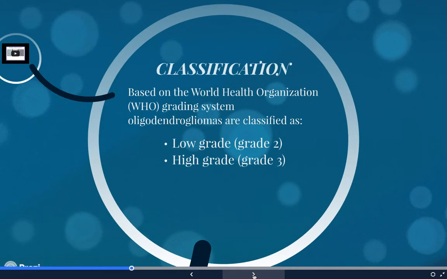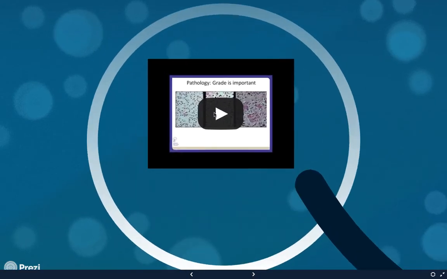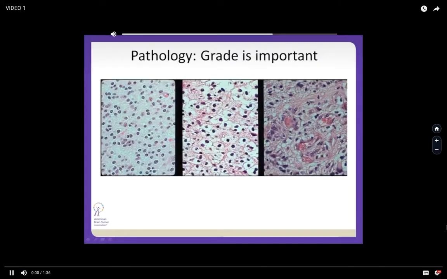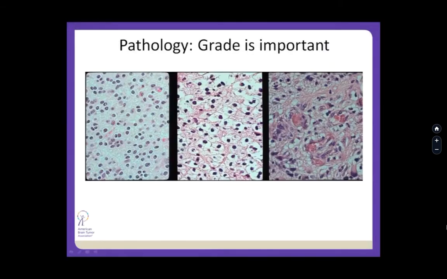The classification. Based on the World Health Organization grading system, oligodendrogliomas are classified as low grade, grade 2, and high grade, grade 3. The pathology of oligodendroglioma is unique, but the grade is also unique and very important.